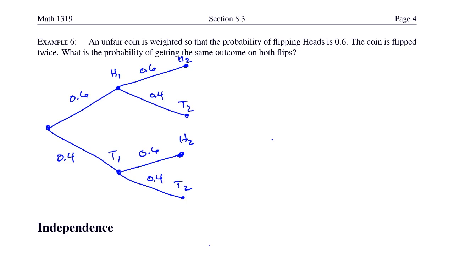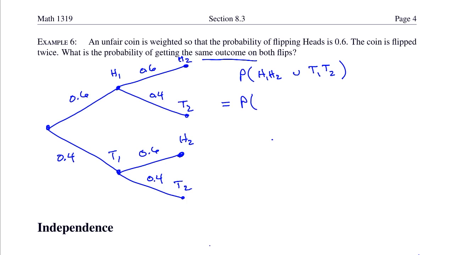Now the outcome you're looking for is the same outcomes. So it's head, head, or tail, tail. If you're doing this technically, this is definitely what you would write. The first question is, is the outcome of heads, heads disjoint from tails, tails? The answer is yes.